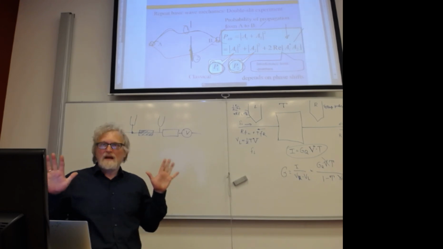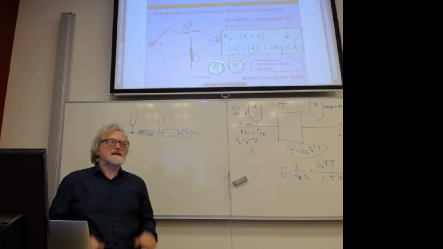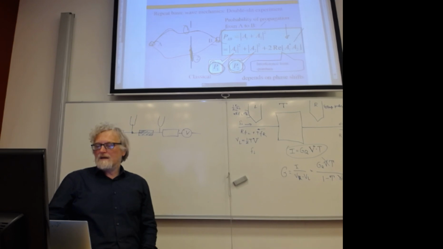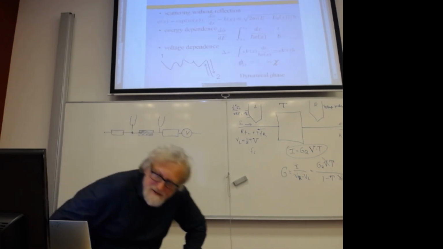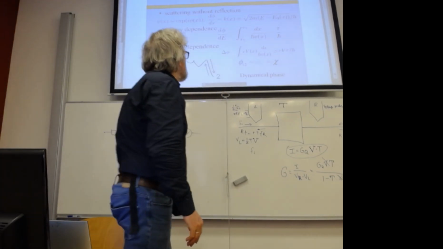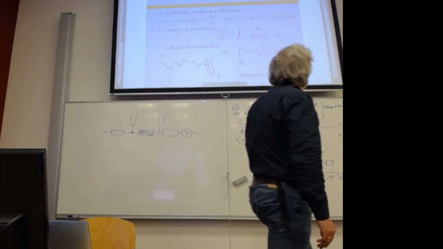All right, the double slit experiment. Let's see how one can organize it in quantum transport. Let me just talk about phase shifts. There are a couple of interesting things to say about phase shifts.